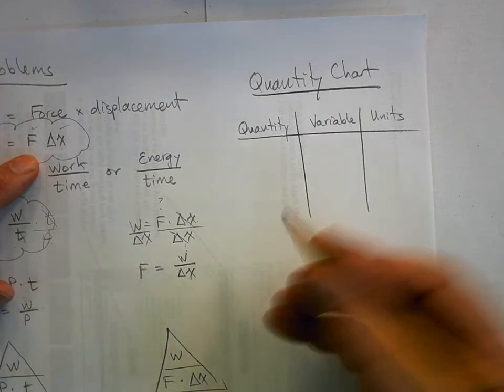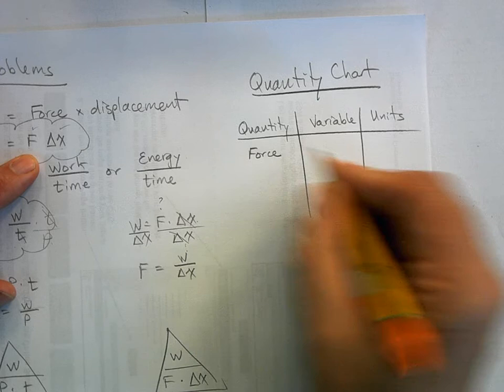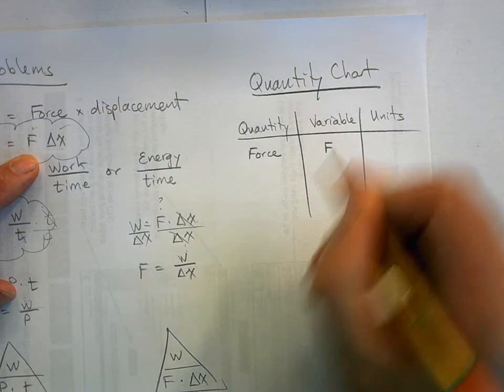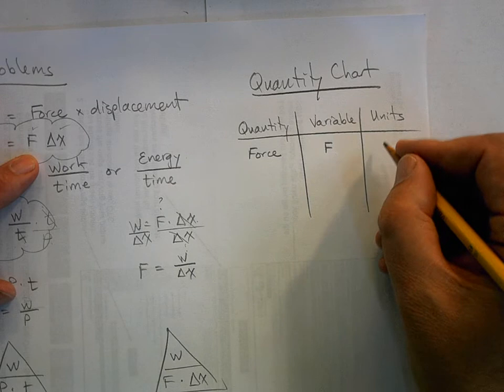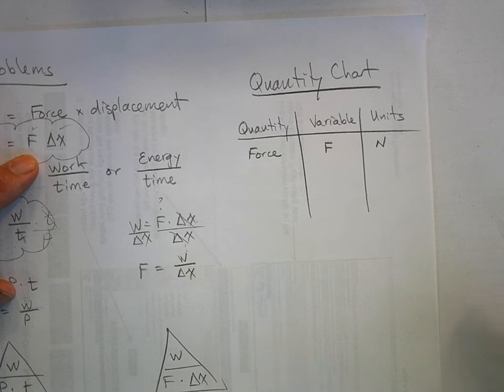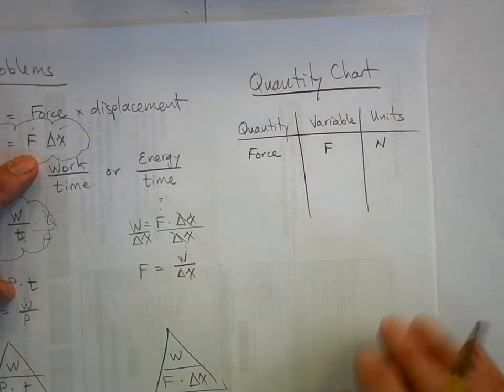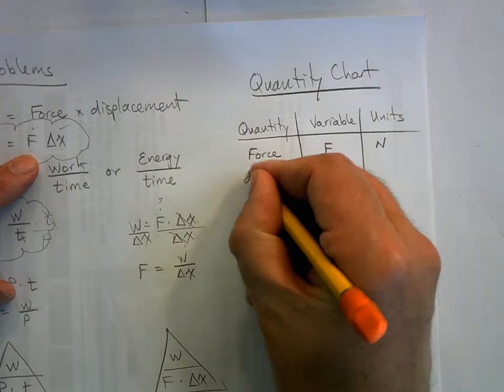So one quantity that we use is force. The variable we use is F. And what are the units that we use for force? Newtons. Now we can also use pounds, but that's just a unit conversion, and I'll put a list of unit conversions after this. Then we have displacement.